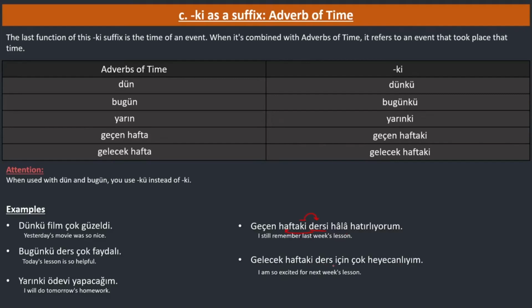Ders, lesson, için, for, çok, so or very, heyecan is excitement, heyecanlı is excited, adjective form, and for ben. I'm so excited for the lesson that will be next week, or simply next week's lesson.